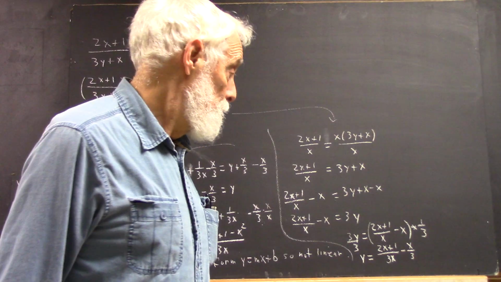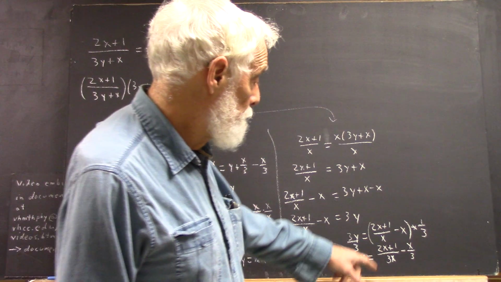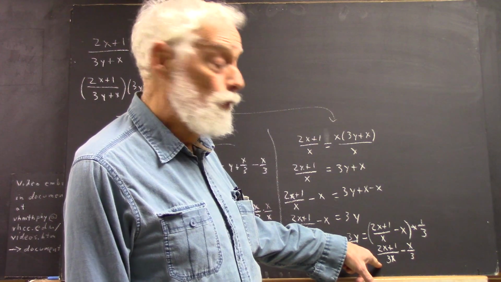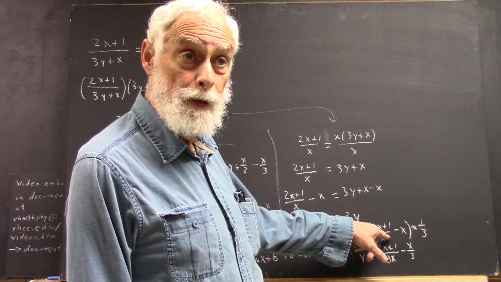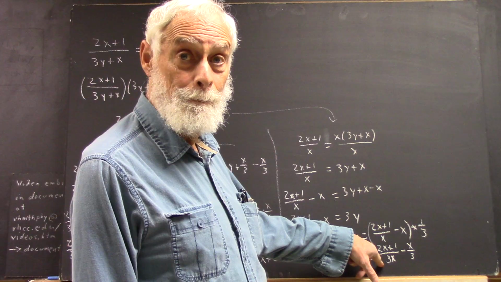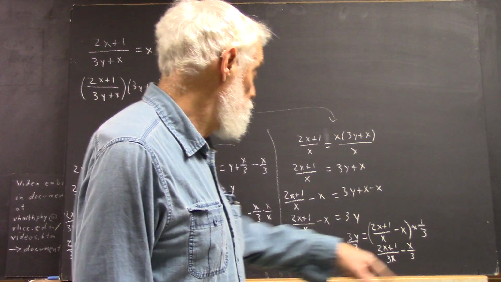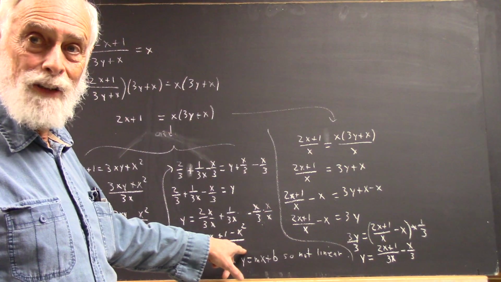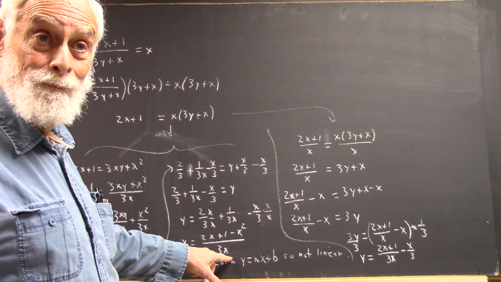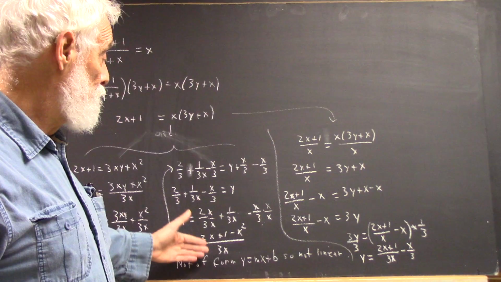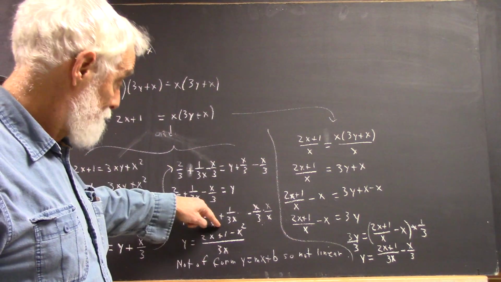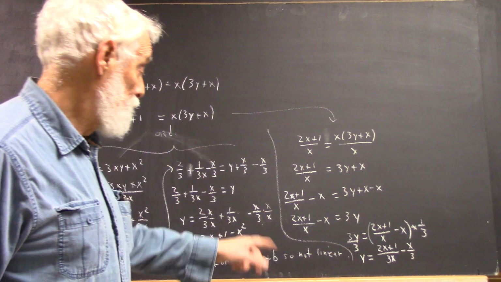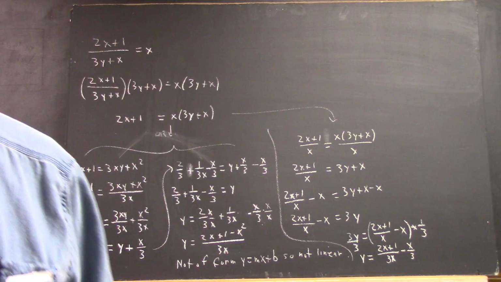But at this stage, it's clearly not linear because you've got the x in the denominator, and there's no way you're going to get this into a form that doesn't have x's in the numerator and the denominator. And to boot, you're even going to get an x squared in the numerator, because it would be equivalent to this. So you not only have x's in the numerator and denominator with different constants, we even have an x squared here. There's nothing you can do to that.